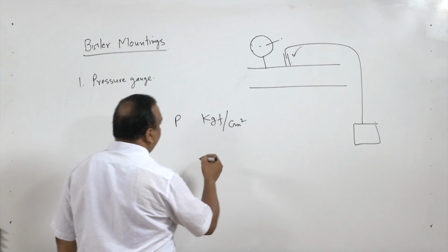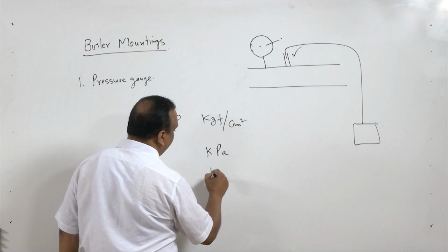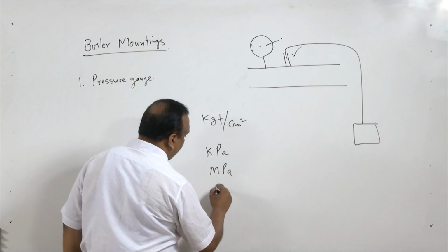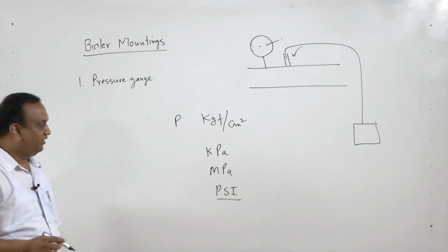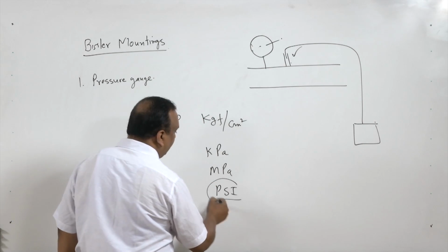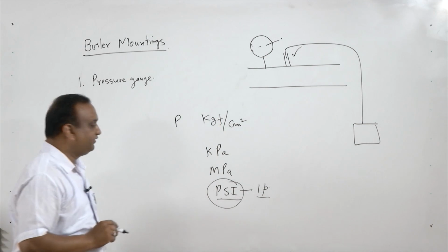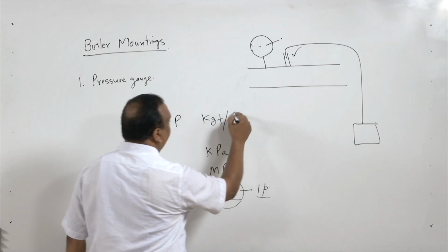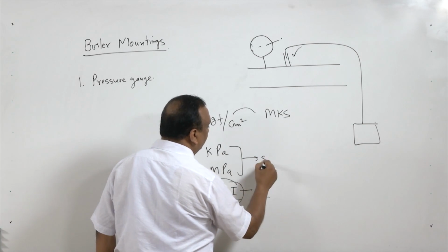You can find pressures in kilopascal, megapascal and PSI, pounds per square inch. Pounds per square inch is an inch-pound system of pressure measurement. This is the MKS system and this is the SI system which we follow.